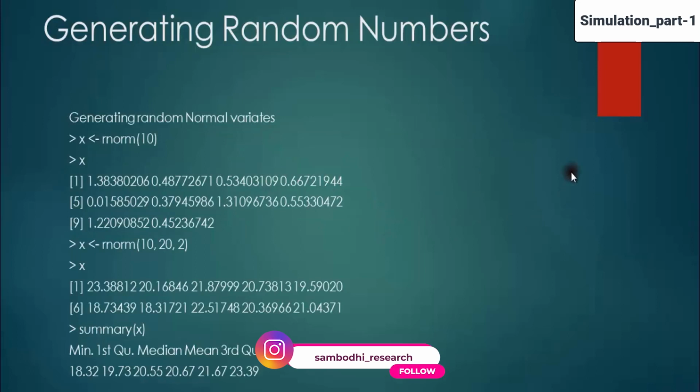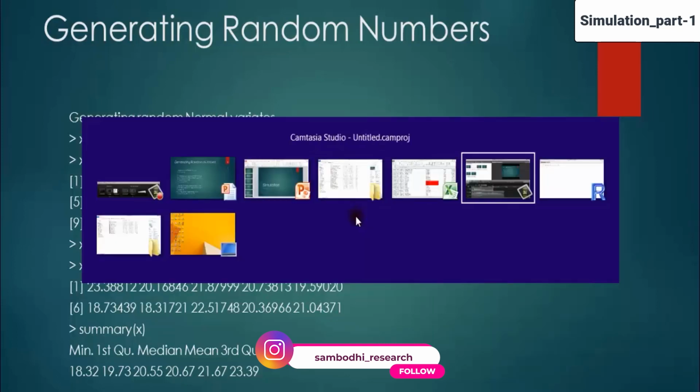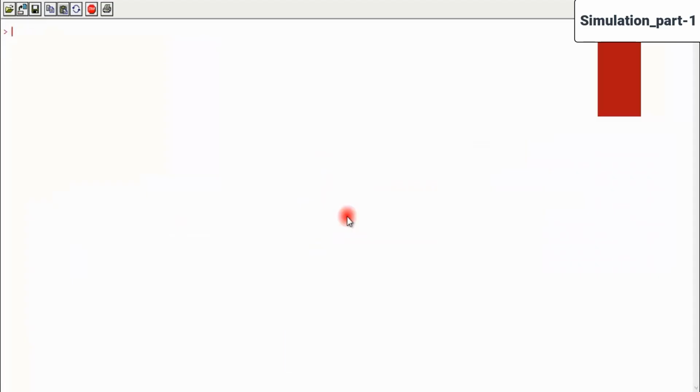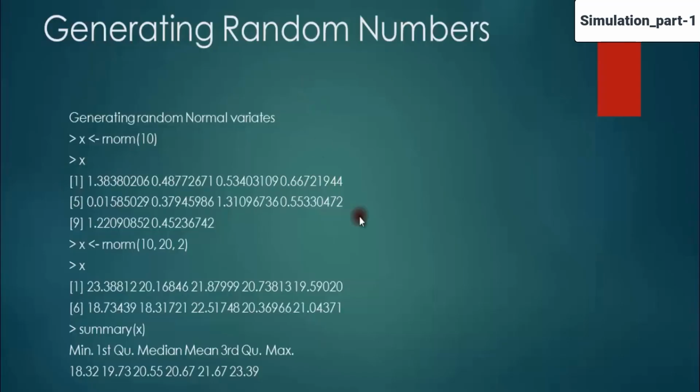Now, how to generate random normal variates. I'll show these examples in our module. If I run rnorm of 10, you'll see it generates 10 random normal variables with mean equal to 0.